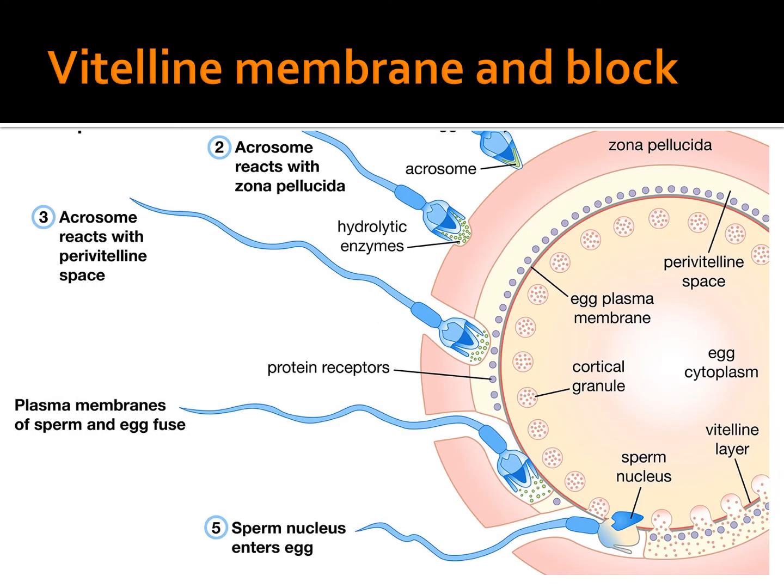Next is the third barrier, the vitelline membrane. Once the bilaminar membrane of the acrosomal region is disintegrated, the vitelline membrane allows the sperm to enter the oocyte. It allows only the head and neck part of the spermatozoon. The remaining part does not enter the oocyte.